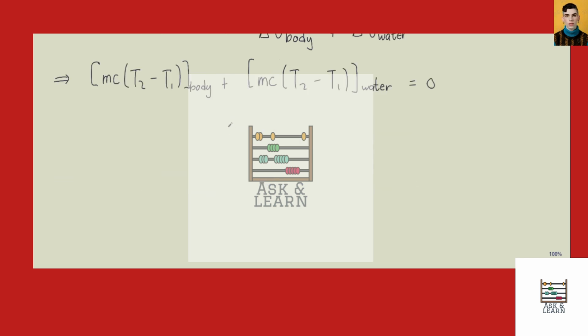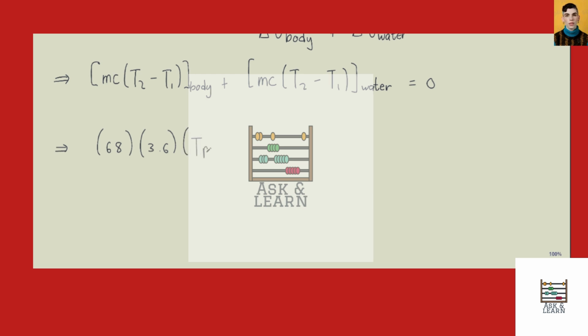Now we can substitute our values into this problem and find the final temperature of this person. Substituting our values, we get 68 kg, the mass of the man, times the body specific heat, 3.6. We'll suppress the units here.